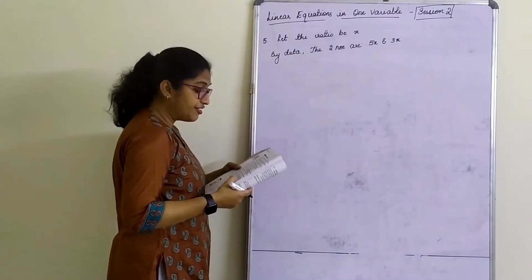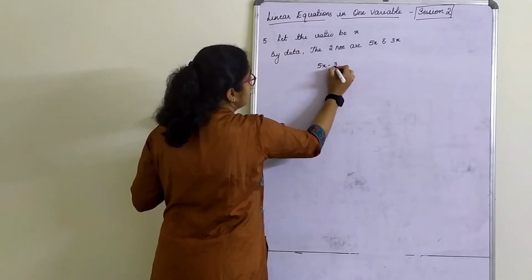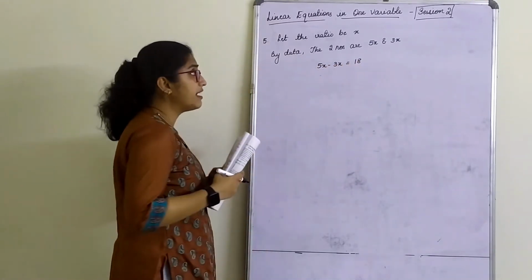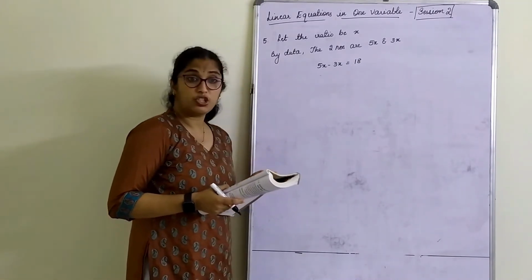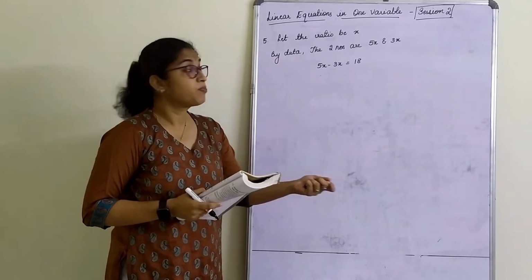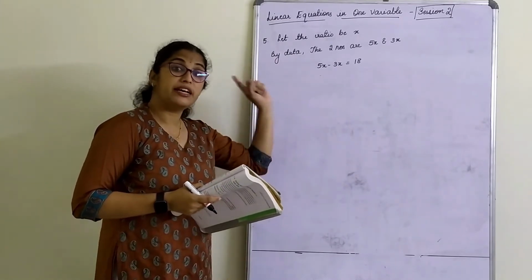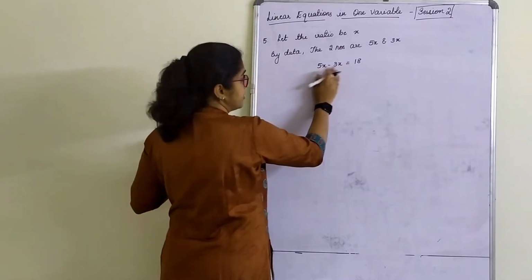Okay, they differ by 18. 5x minus 3x is equal to 18. Why can't I write 3x minus 5x? Because they have given the ratios are 5:3. So the numbers will be 5x and 3x only. They differ means 5 to 3 only will differ. So 5x minus 3x. Simple.